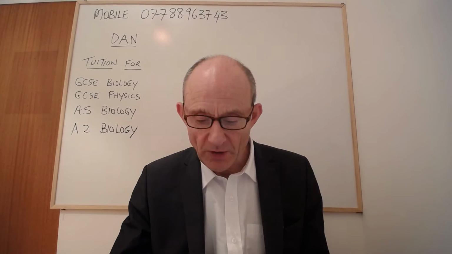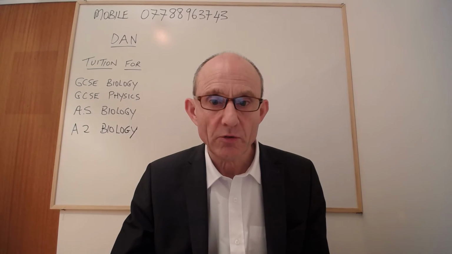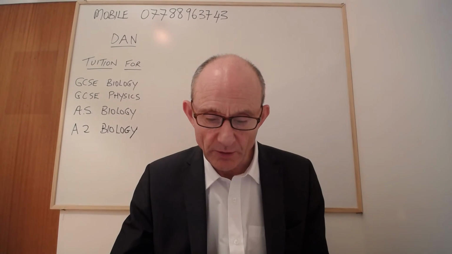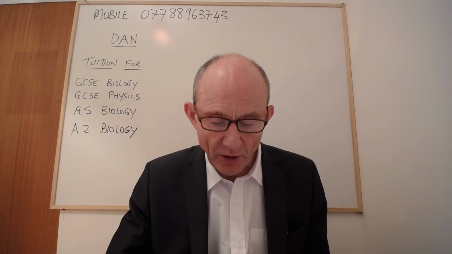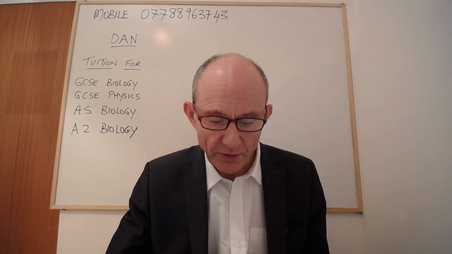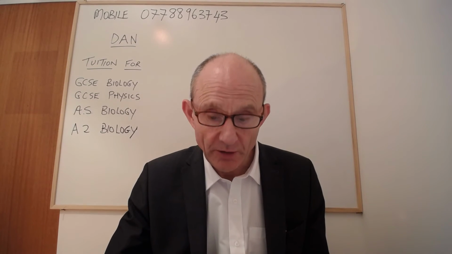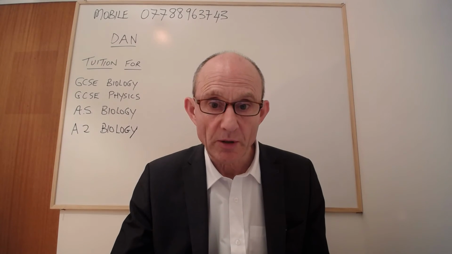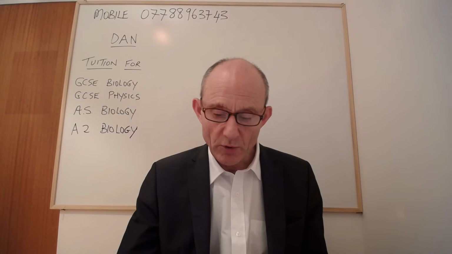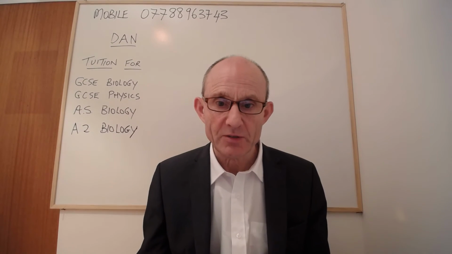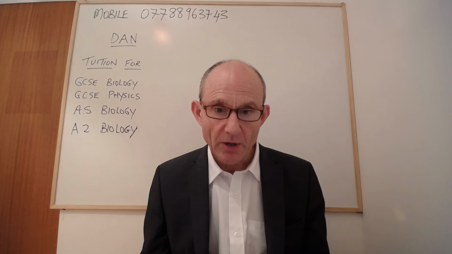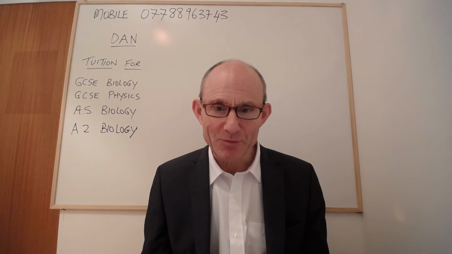So if you just convert the idea of carbon dioxide fixed into photosynthesis, then you see that there's no photosynthesis in the upper epidermal layer, lots of photosynthesis in the palisade layer, quite a bit of photosynthesis in the spongy mesophyll layer, but less than in the palisade layer, and no photosynthesis in the lower epidermis layer. So once you've figured that carbon dioxide fixed essentially equates to photosynthesis, then the question becomes a lot more manageable.